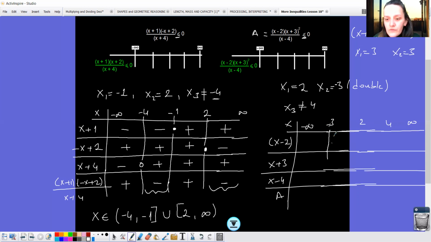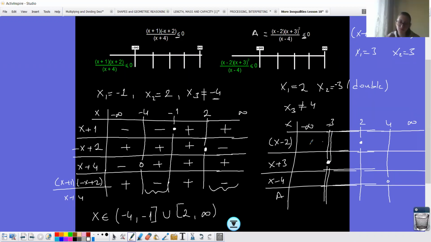Then I will draw double lines, and this one will be filled. And 2, we said that it is filled. 4 will be empty.